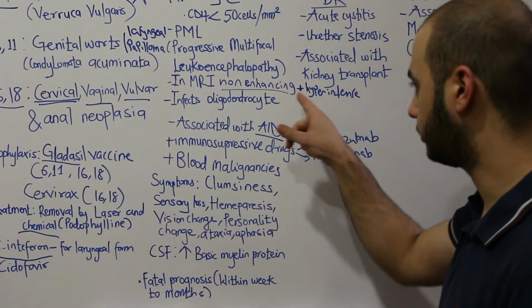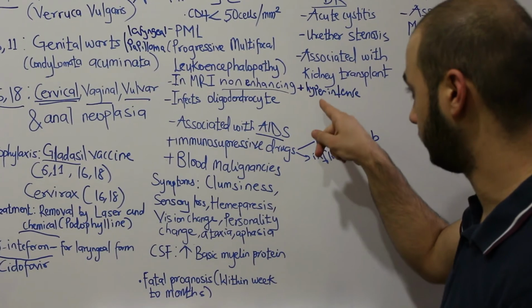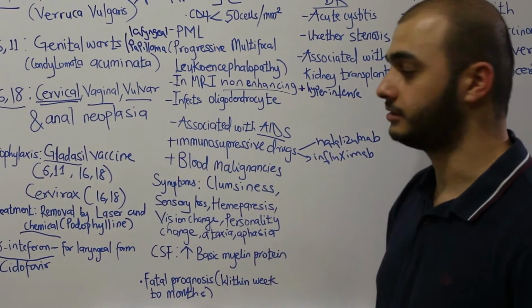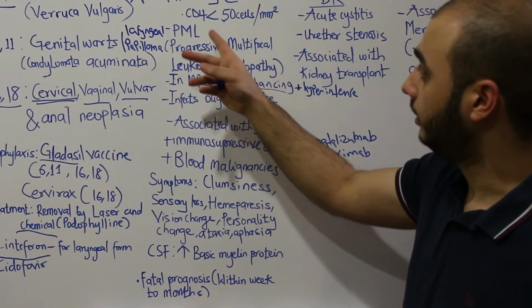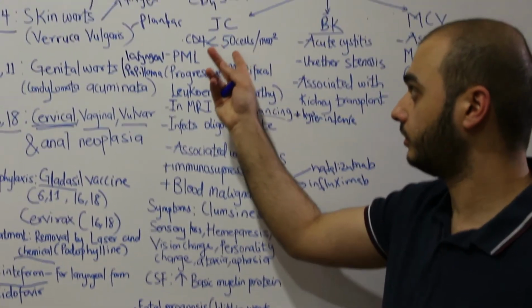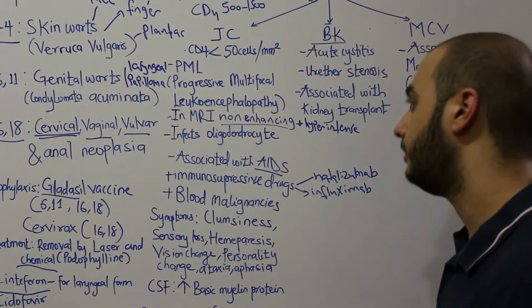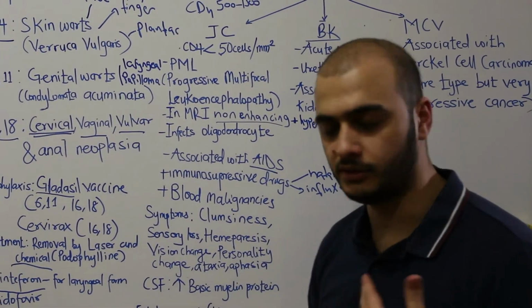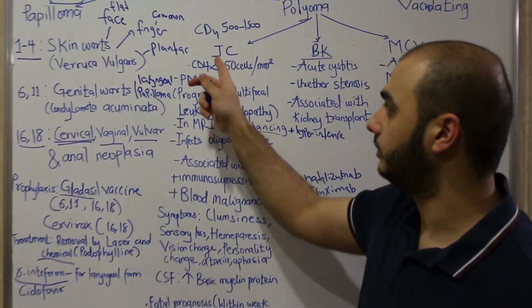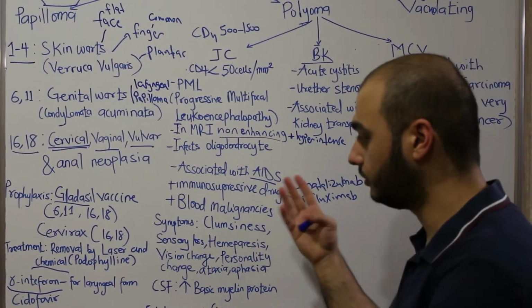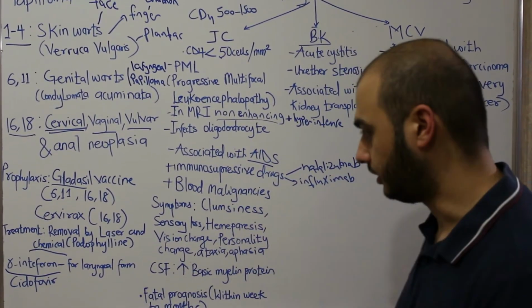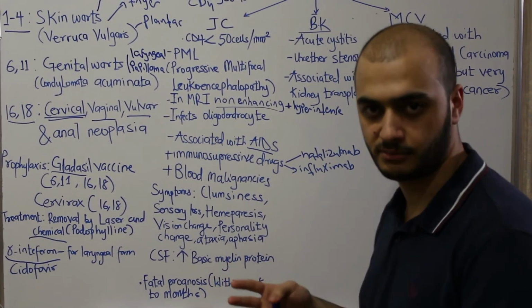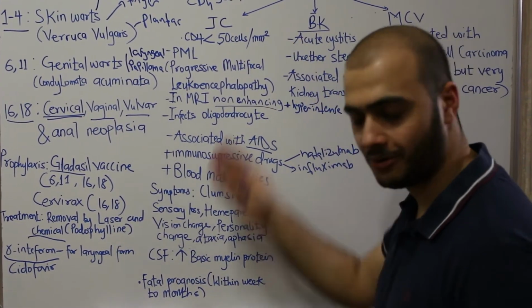If they tell you in a question non-enhancing lesions plus hyperintense, and plus the CD4 count less than 50, and the patient uses some drugs or has a history of HIV or something like this, you should think about JC virus. Or maybe they tell you the symptoms, or maybe they can tell you any of these, but not all. So you should remember all.